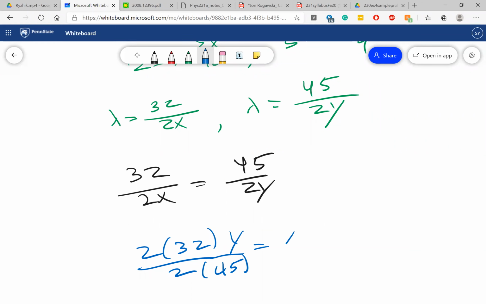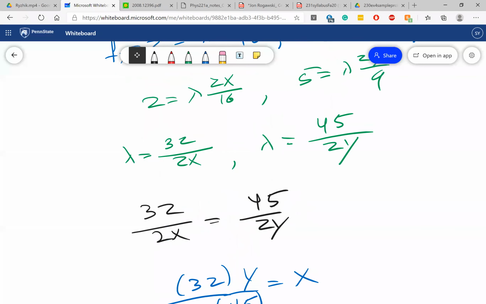This thing is equal to x. Is that correct? One second. So 45, yeah, it comes down, 2 goes up, and then the y goes there, x goes there. Looks good. Okay, so the 2's can cancel, and we get that.